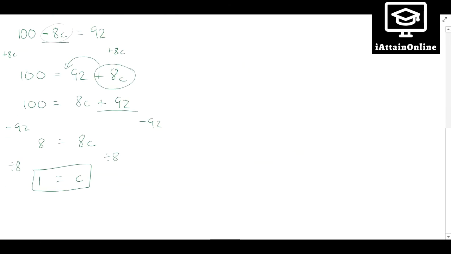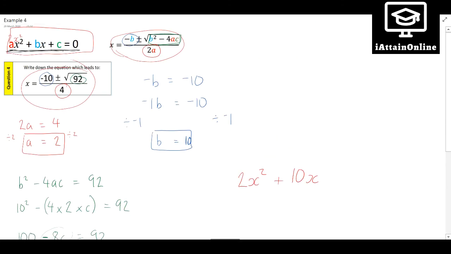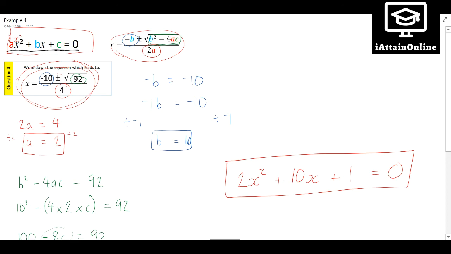And then finally the number on its own at the end is a 1, that's a positive 1. So it has to be plus 1 equals 0. So this is the equation that led to putting those numbers into that formula there.